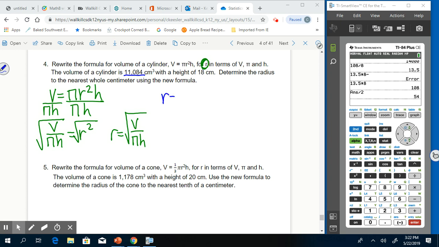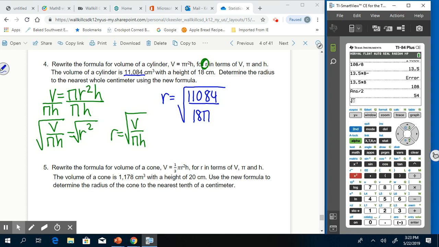So r equals the square root of 1184 over 18 pi. Okay, so our calculator is going to do this all for us again. So we could just put in second square root, parentheses, 1184 divided by, parentheses again, 18 pi.